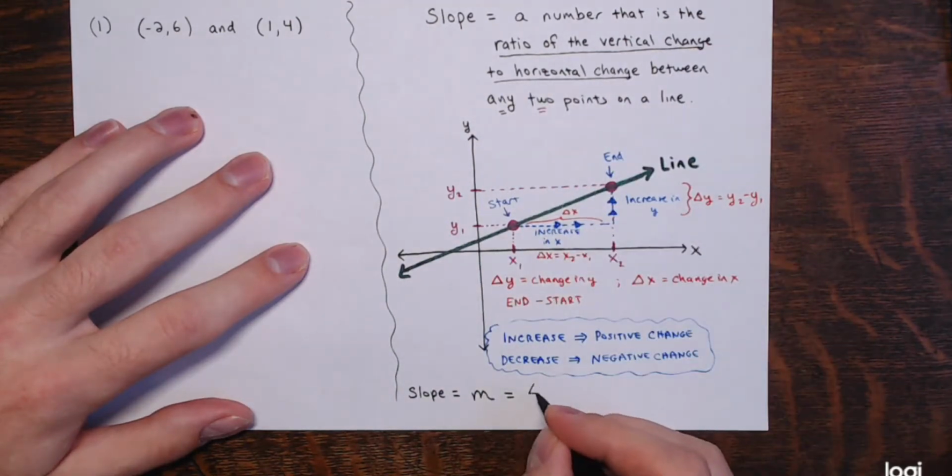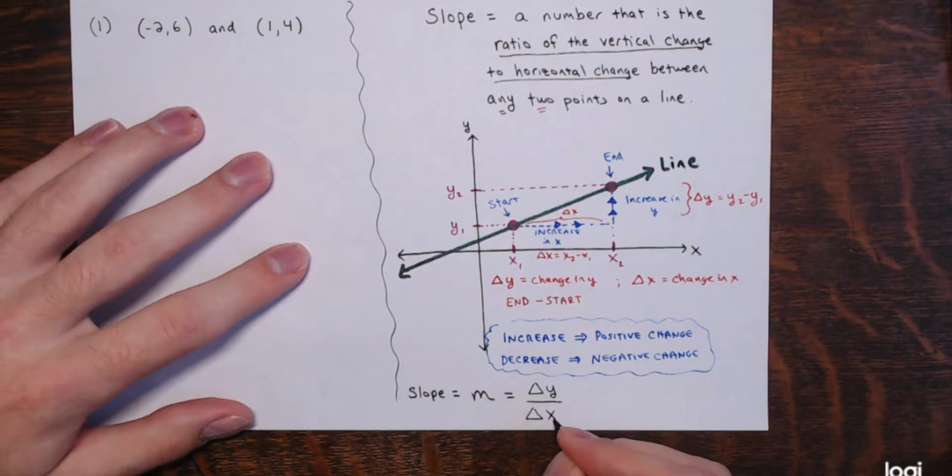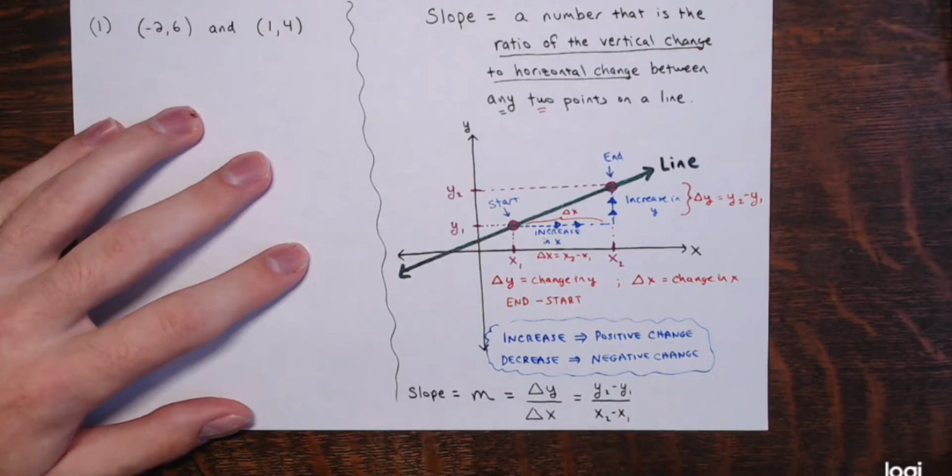So the change in y, delta y, divided by the change in x. Vertical change over horizontal change, where it's y2 minus y1 for the vertical change, and x2 minus x1 for the horizontal change.